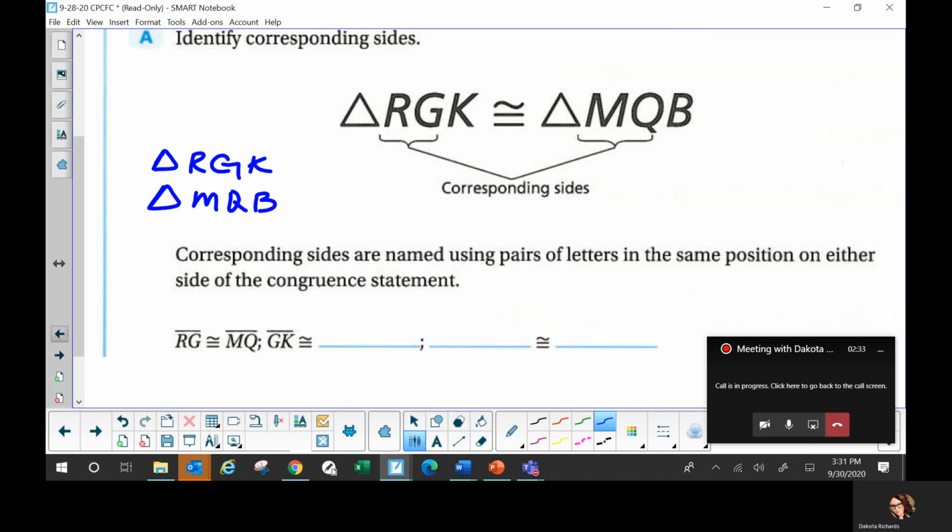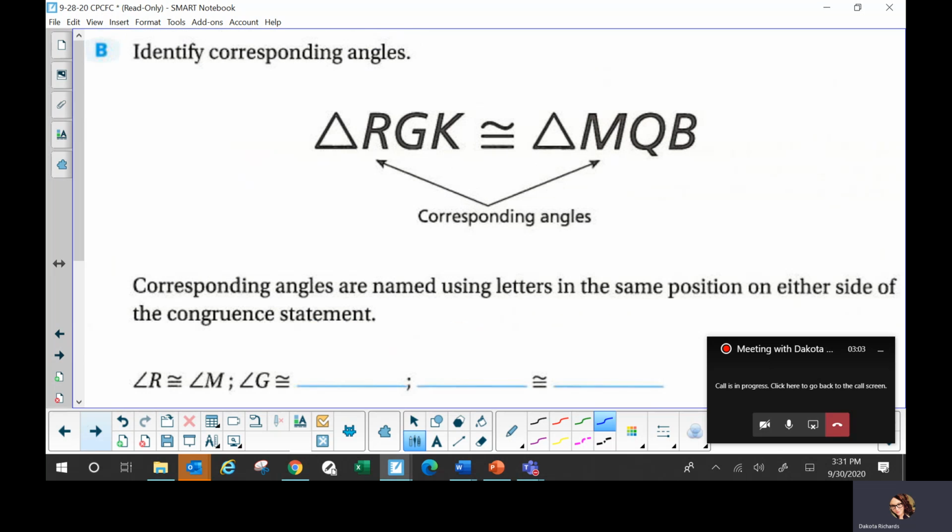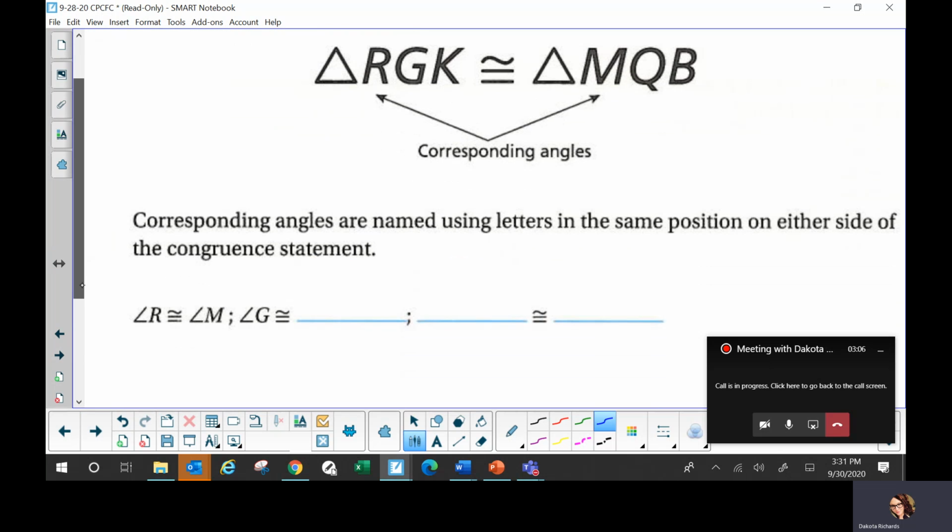So our first statement says RG is congruent to MQ. And then segment GK is congruent to what? Well, GK is here, so that's got to be segment QB. And then the last statement here would be RK is congruent to MB. Okay. They're in the same position, and this works for sides as well as angles.